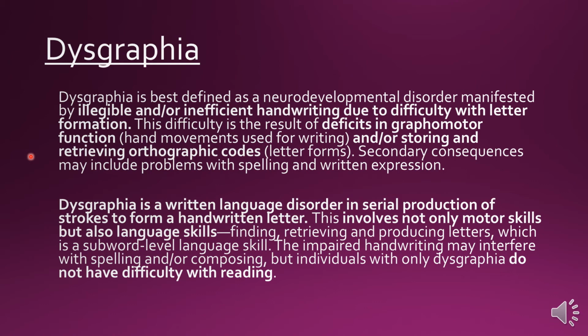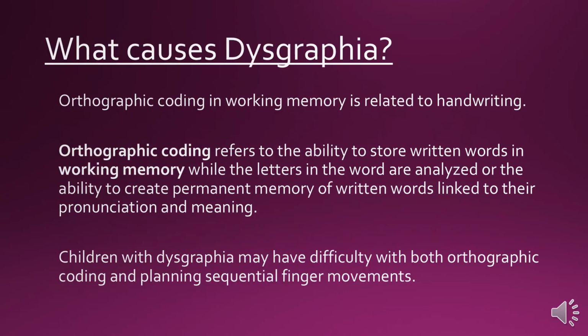So if kids are having trouble recalling letters and what they look like, that's dysgraphia. If they're having trouble with their pressure amount, with writing rainbows on the page, with correct spacing, we'll get to some of that here in a minute, some of the different signs you can look for.